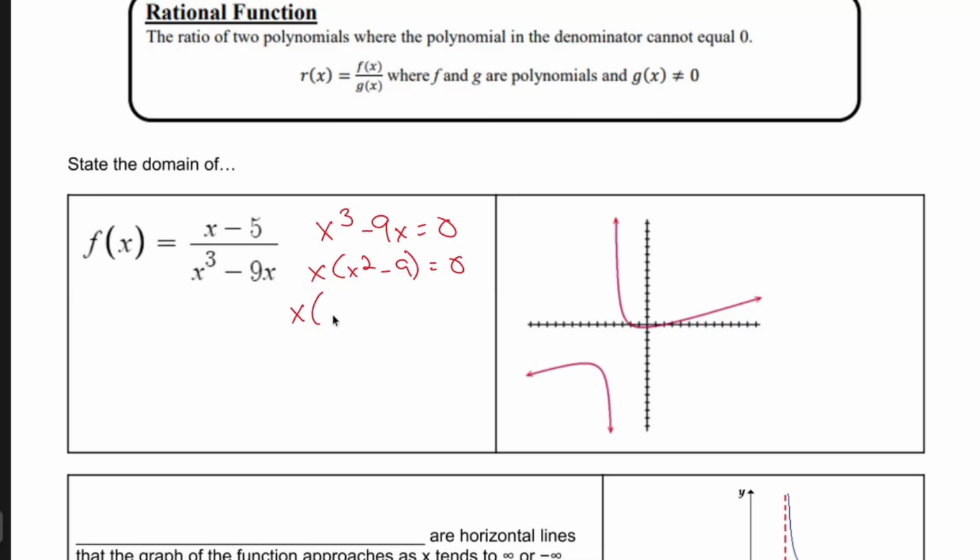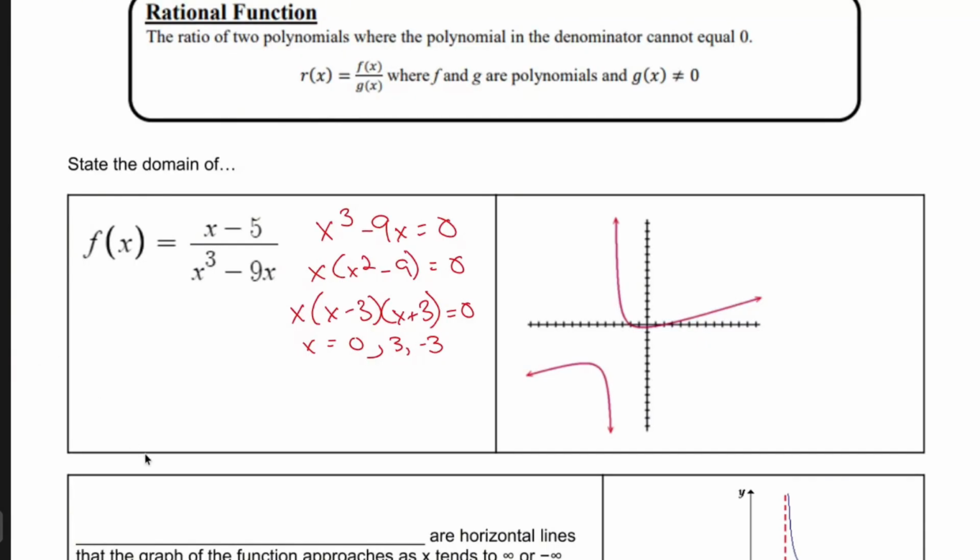So that's x times (x minus 3)(x plus 3) equals 0. So the numbers that make the denominator equal to 0 are 0 from the zero product property, positive 3, and negative 3. So I'm not allowed to use 0, 3, or negative 3.